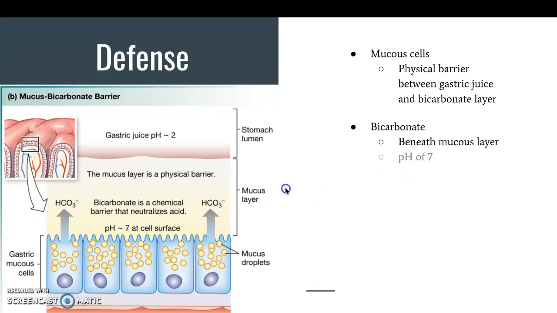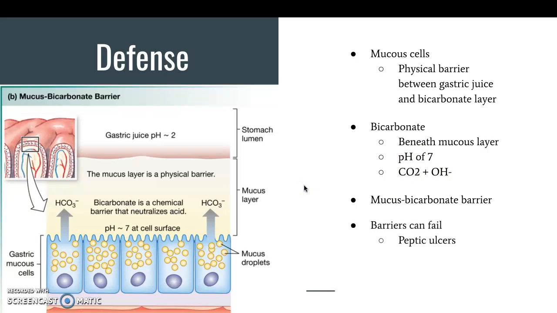Moving on, beneath the mucus layer, pH of 7. And it's made up of CO2 and OH groups from water. So the mucus bicarbonate barrier can actually fail, which causes peptic ulcers when acid and pepsin destroy the mucosal layer and create holes here in the stomach.